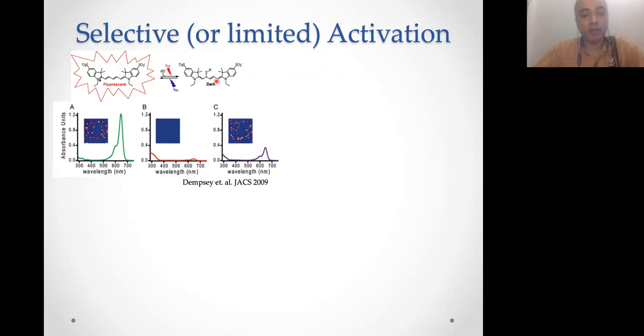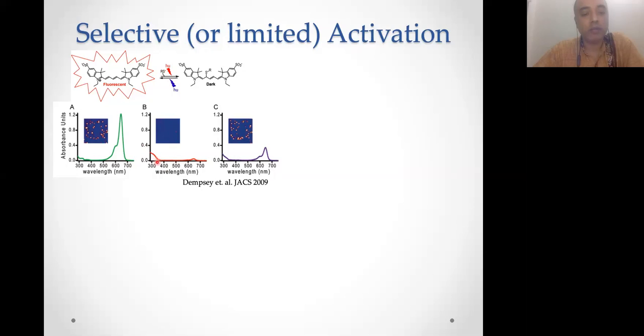So this is a paper from Chao Zhong's lab. So this is the cyanine dye. It's emitting here. You can see the single molecules. You illuminate it for a small period of time using BME or cysteine. They will go to the dark state.